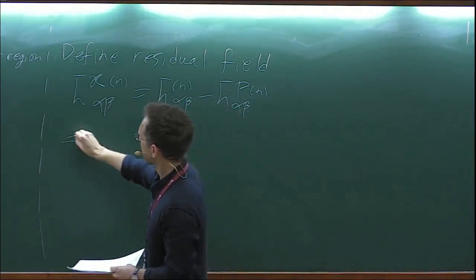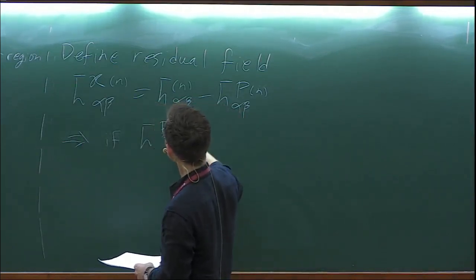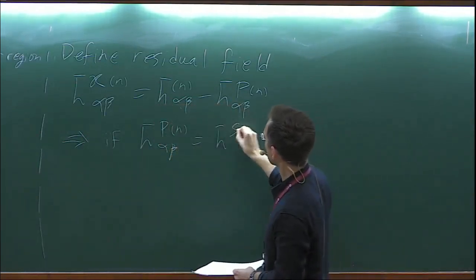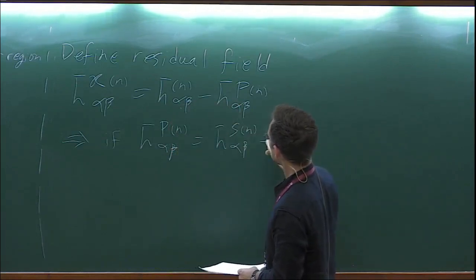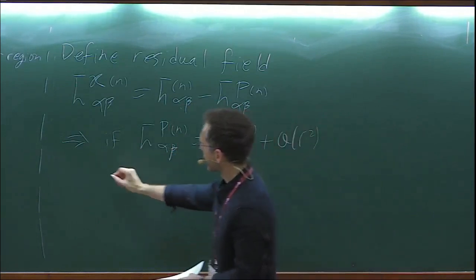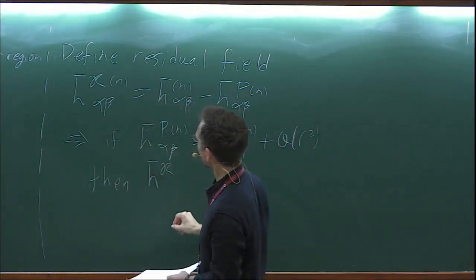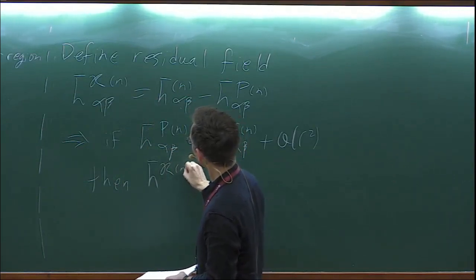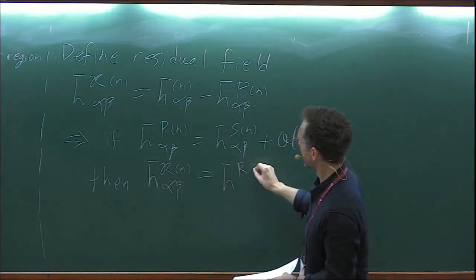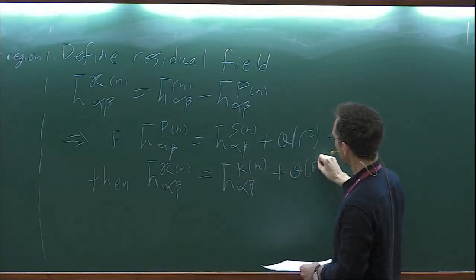Then if h bar p is h bar s, say, plus order r squared differences near the world line, then h bar curly r is equal to h bar non-curly r plus order r squared.